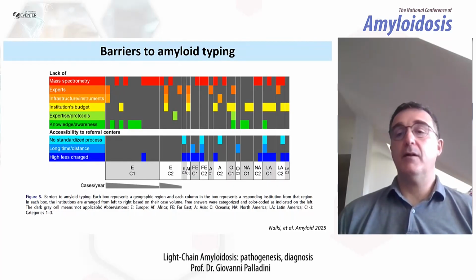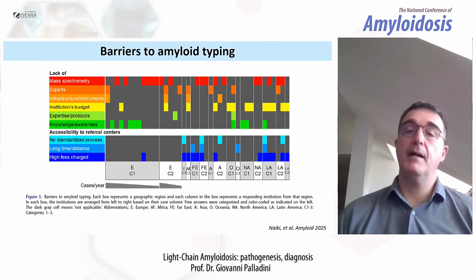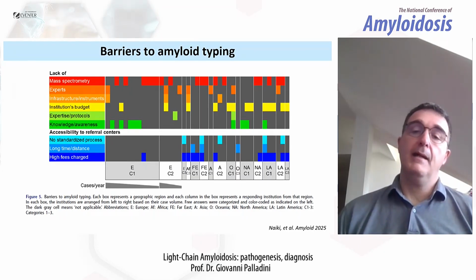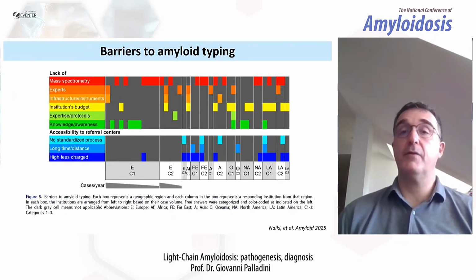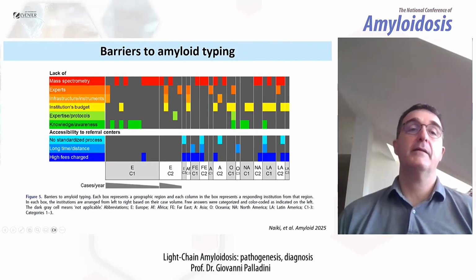This is the result of a survey that was carried out by Professor Naiki, the president of the Japanese Society of Amyloidosis. This was done for the International Society of Amyloidosis, and many referral centers worldwide responded to this survey.